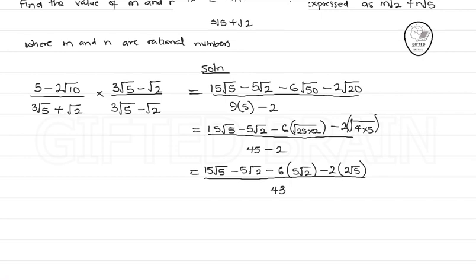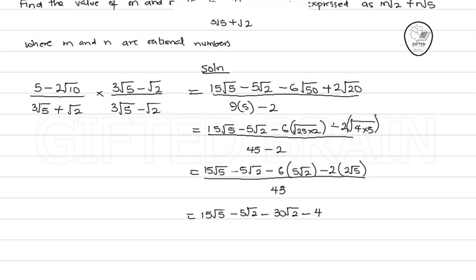And so again, it can be further expressed as 15 root 5 minus 5 root 2 minus 30 root 2 minus 4 root 5 over 43. Sorry, a little mistake. This should have been plus.